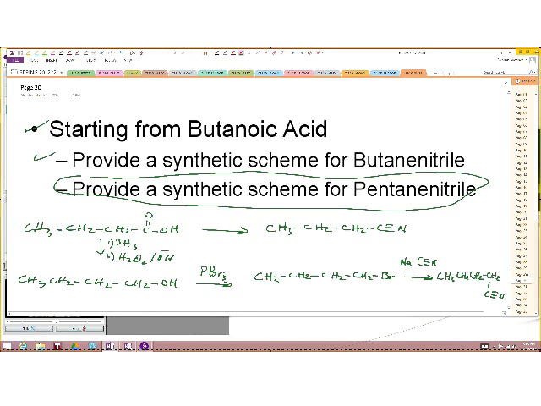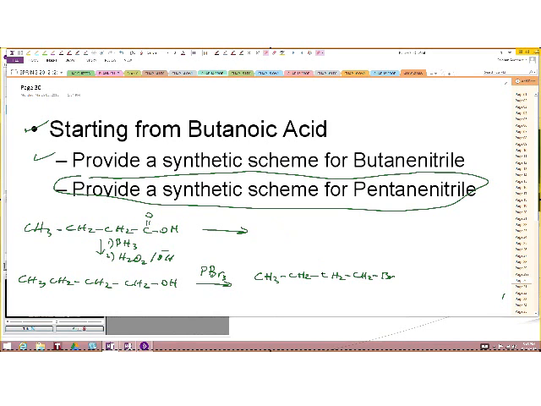And then once we get to here, you want to take this and transform it with potassium permanganate, potassium hydroxide. In other words, you want to form a carbon-carbon double bond.